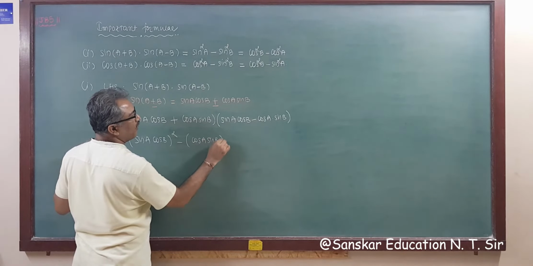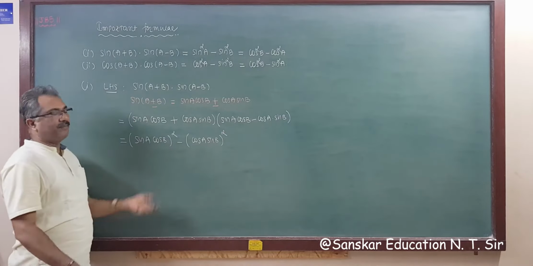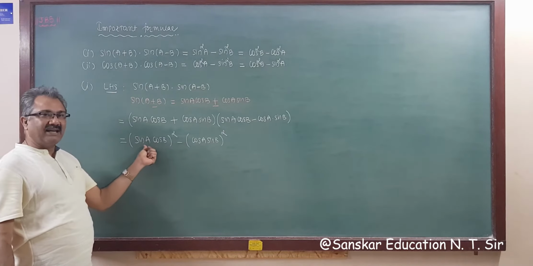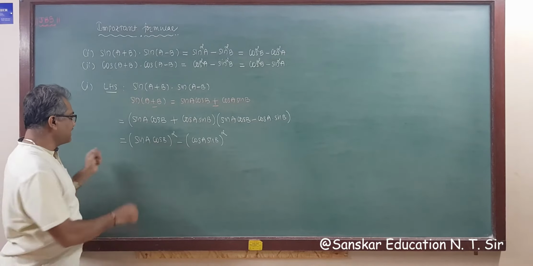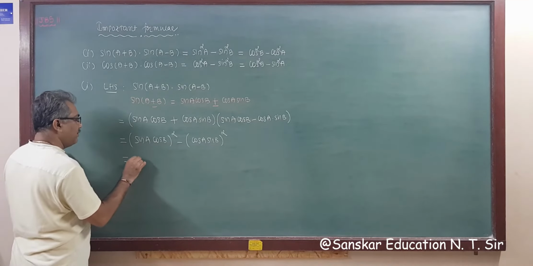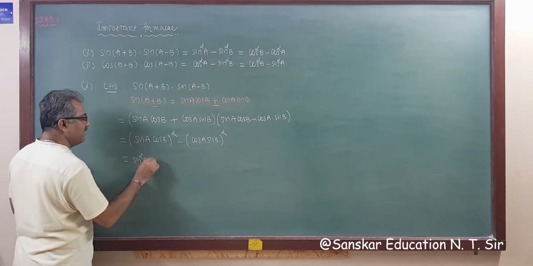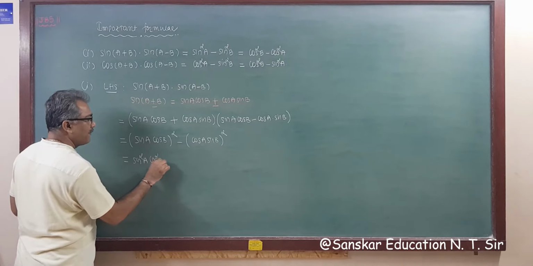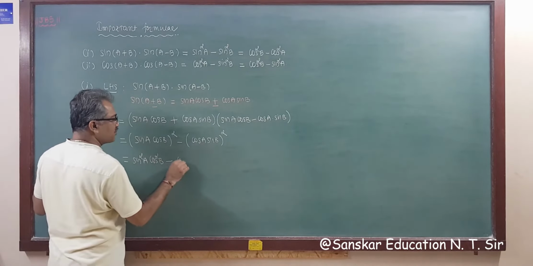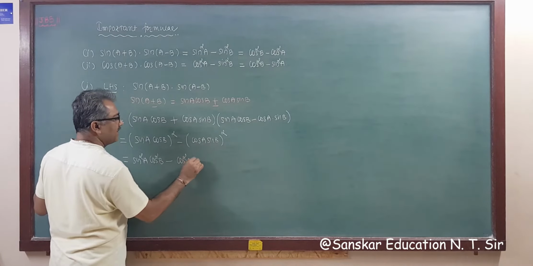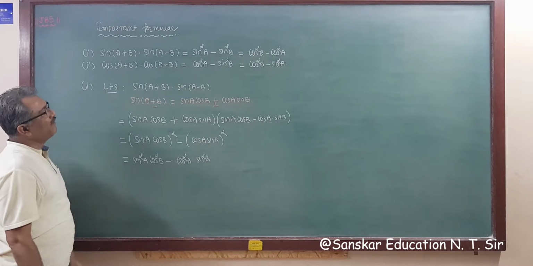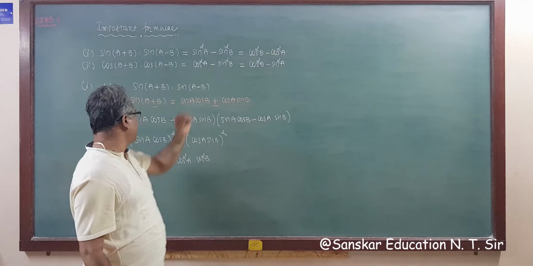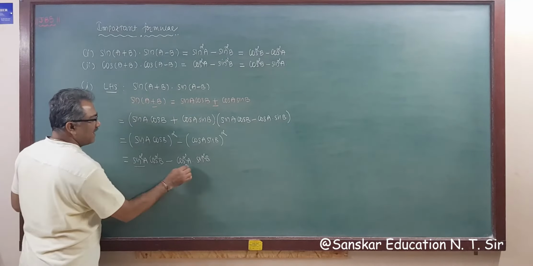sin b) whole square. Now applying the exponent rule, that is (sin a into sin b), that is (ab) whole square is a²b². So this is sin²a cos²b minus cos²a sin²b, right? Now we need sin²a and sin²b.